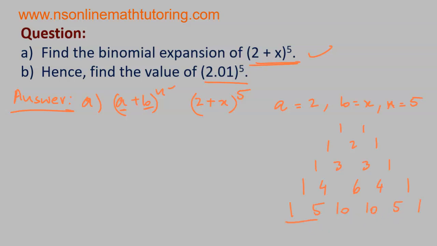We are interested in this fifth row because the power of the binomial expression is 5, or n is equal to 5.